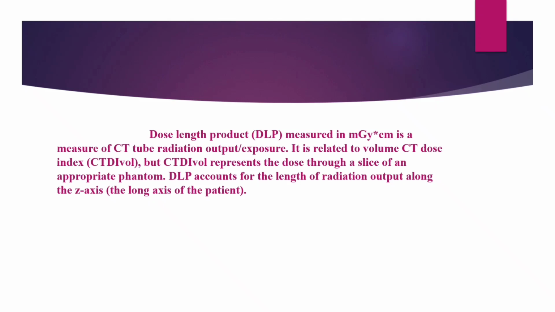Dose length product accounts for the length of radiation output along the z-axis, that is the long axis of the patient. Dose length product is equal to CT dose index multiplied by length of scan in centimeter. Unit is milligray times centimeter.